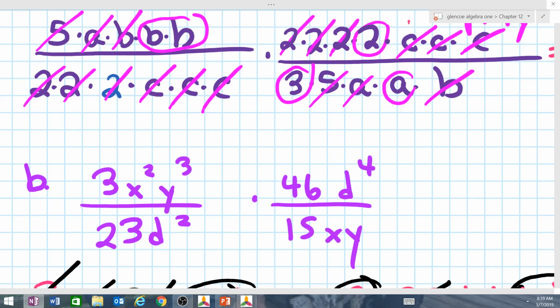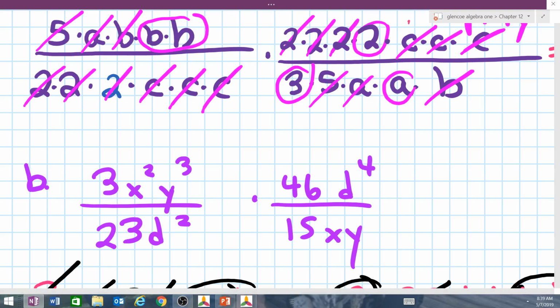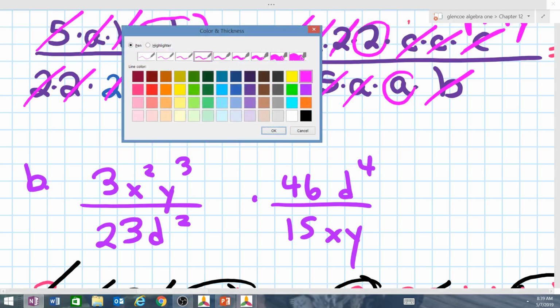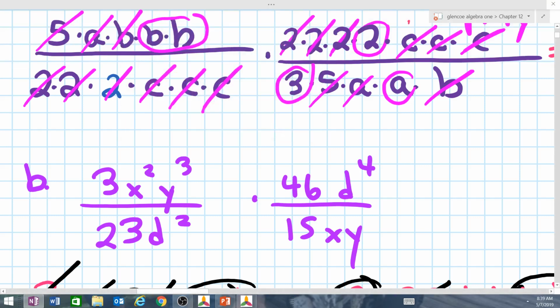Who can prime factor 3x squared y cubed for me? Go, read it out. 3x squared y cubed is 3 times x times x times y times y times y. Good job. So let's write that here. 3 times x times x times y times y times y.